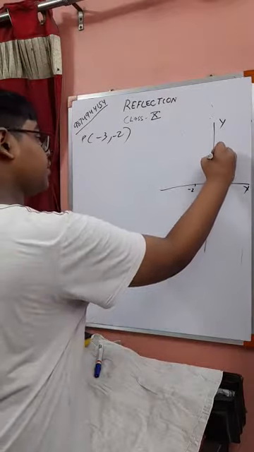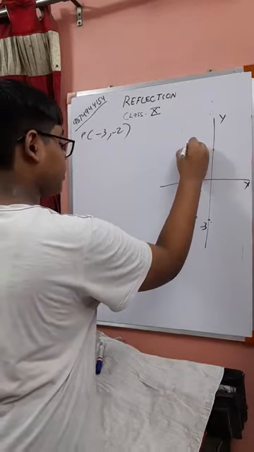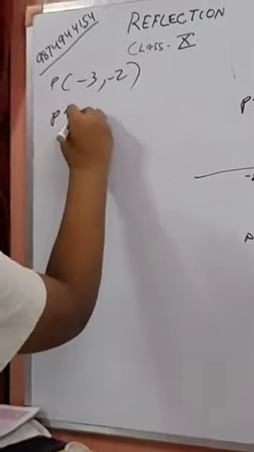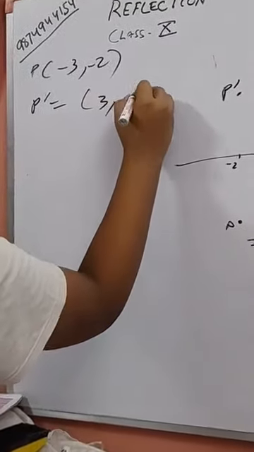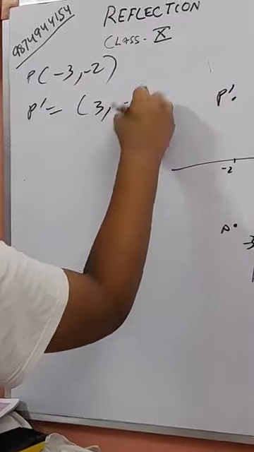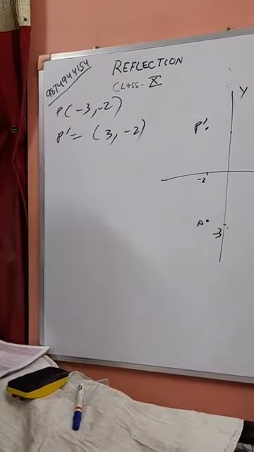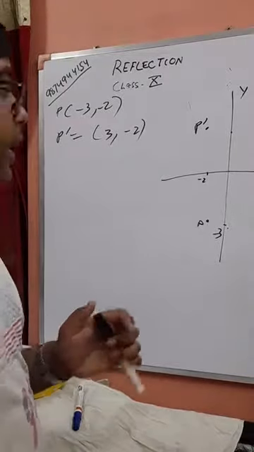Therefore it should be over here somewhere. Therefore P dash is equal to -3 comma 2. So this was the x-axis reflection.